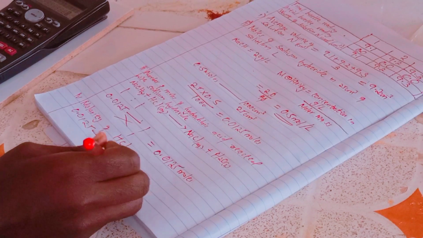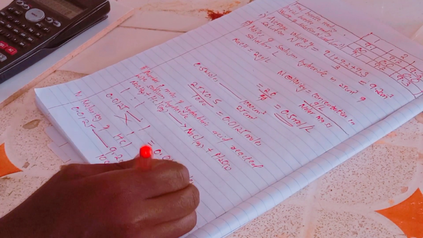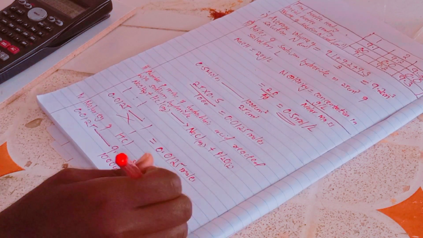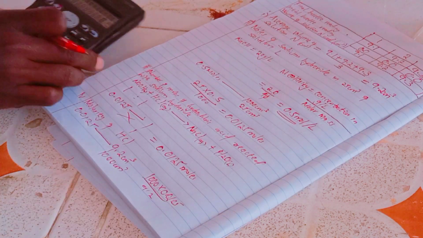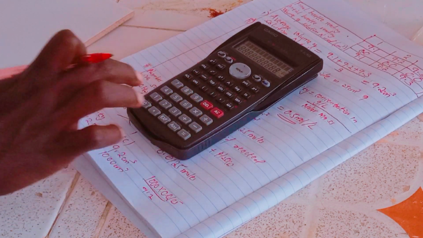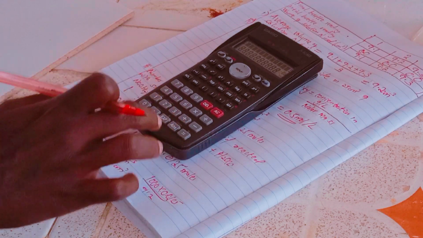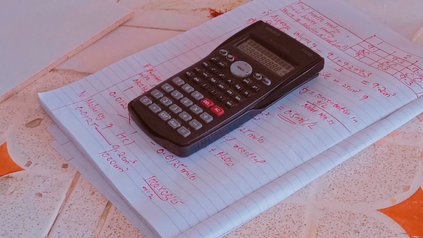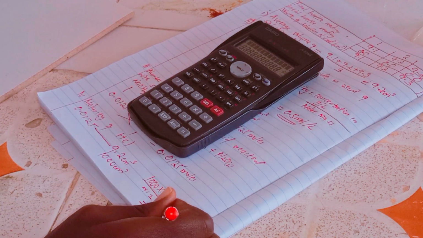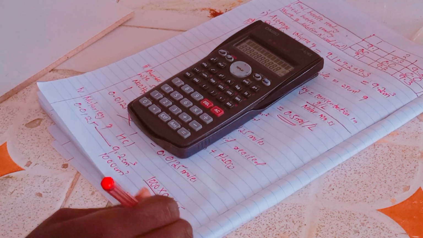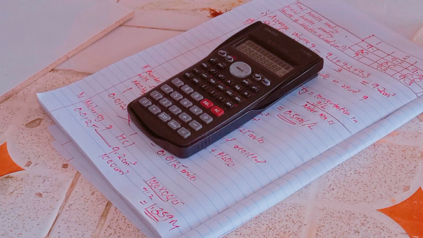How many moles are there? If you do the calculation, that will give you it. That's very good. So now the molarity of the solution becomes 1.359 moles per liter.